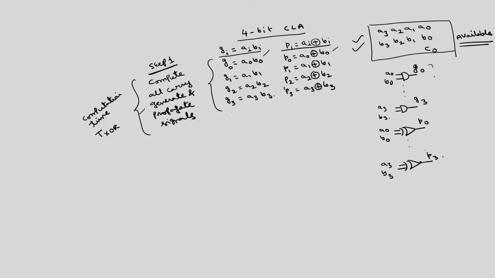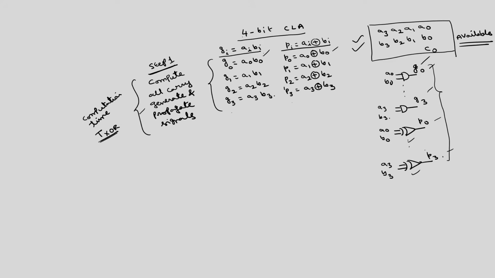So, all these will be generated in parallel, but because this delay time is more, after a time of T exclusive OR gate, all G's and P's will be available. Of course, the G's will be available before the P's are available.